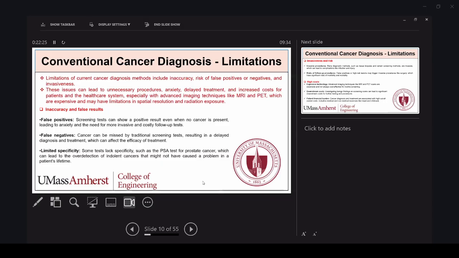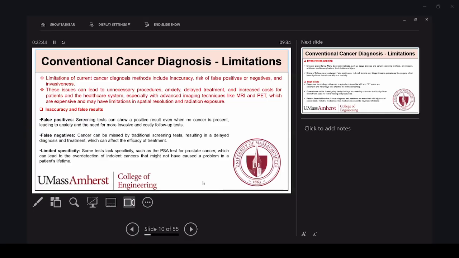There are so many cases which suffered a lot because of a false positive result. Imagine the patient has no cancer, however the doctor comes and says, hey, you have cancer. That's it. The entire planning of life would be demolished, right?